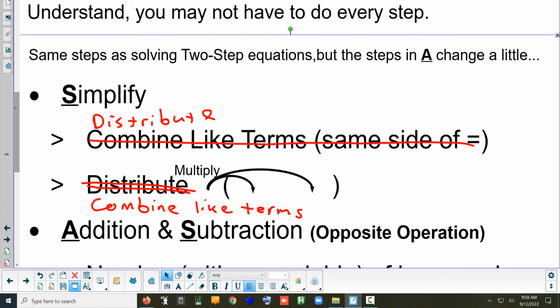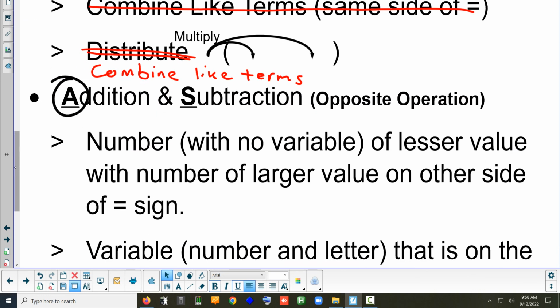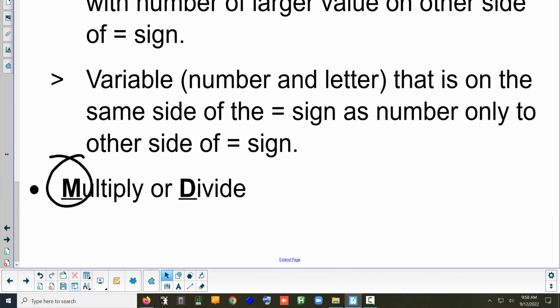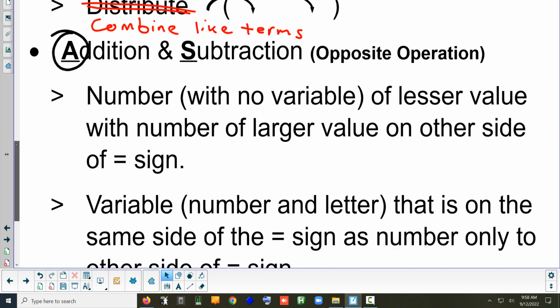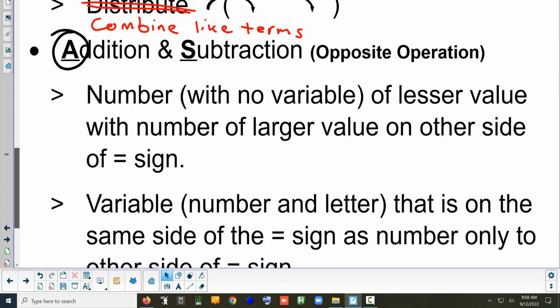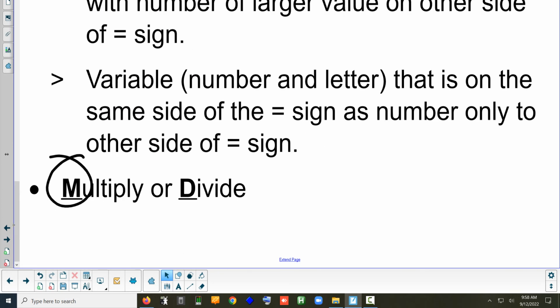So that's the big thing. S, A, M. That's how you remember the order to do it. Any questions on those 3 steps? Simplify, add or subtract, and then multiply or divide.